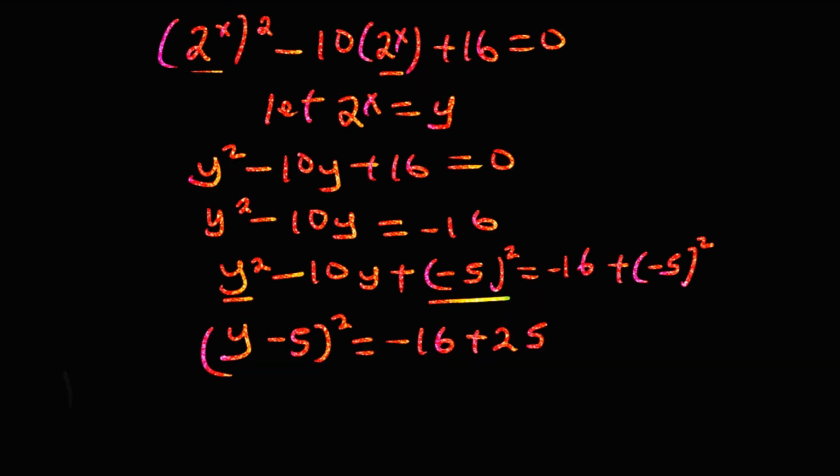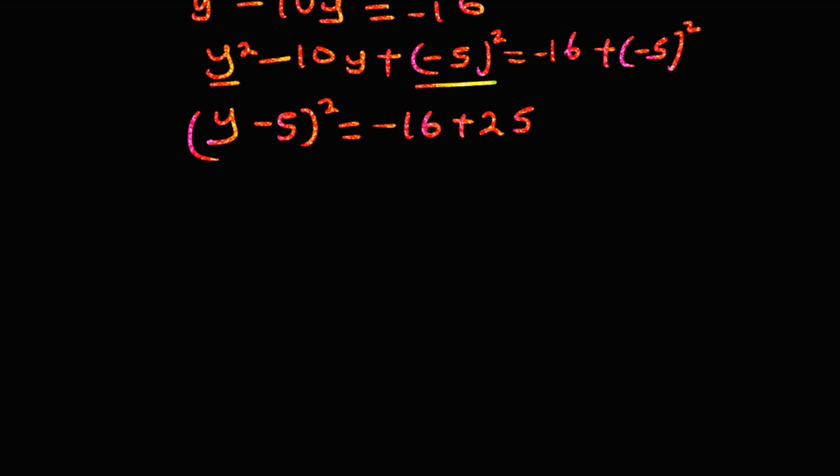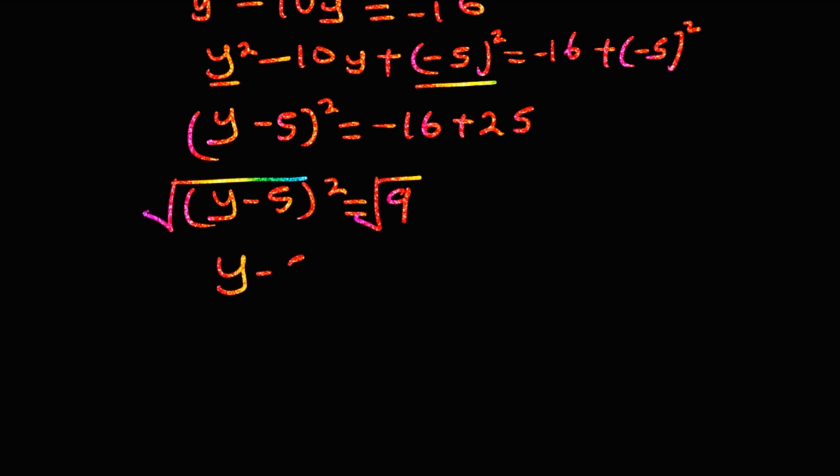So we have y minus 5 all raised to power 2 equals minus 16 plus 25 is 9. So then we just get the square root of both sides of this equation, so that we have y minus 5 equals plus or minus the root of 9, which is just 3. So that y is equal to 5 plus or minus 3.